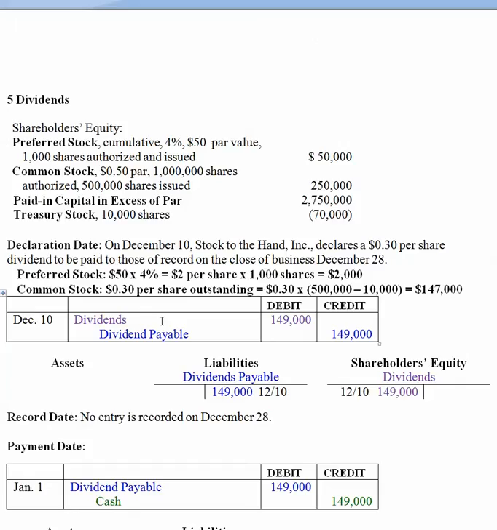Like in this example, if the company did a 2-for-1 stock split, the par value would become 25 cents. The number of shares issued would become 1,000,000. And of course the authorized would be doubled as well. So the end result is that the amount in your common stock doesn't change. It's 250. It's just that this is going to be 25 cents, half, and this will be double.